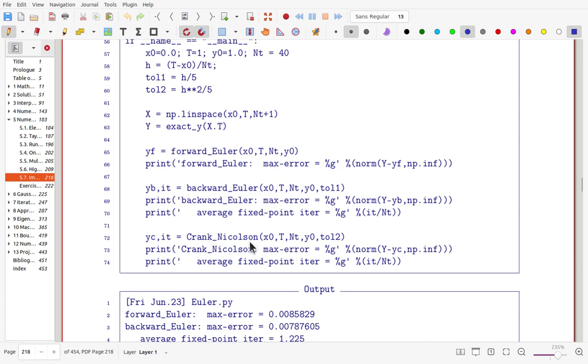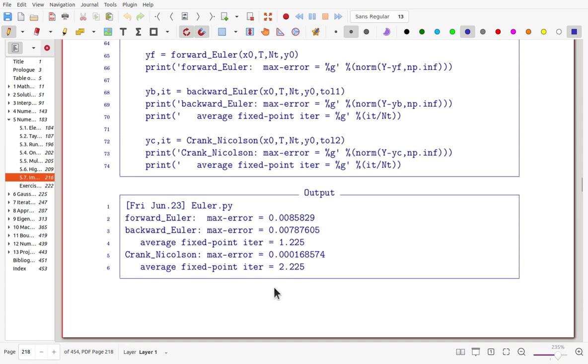And for Crank-Nicolson, we measure the maximum error, and again print out the average fixed point iterations. Okay, that is the output.